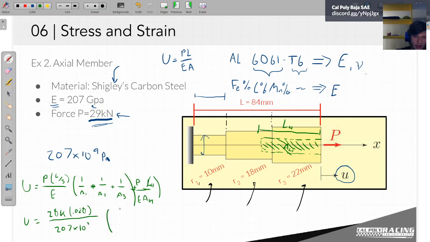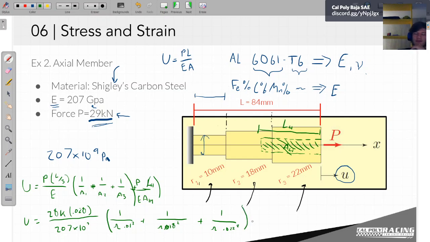Multiply that by 1 over pi times 0.01 squared plus 1 over pi times 0.18 squared plus 1 over pi times 0.018 squared. This is times 0.022 squared because we're in millimeters here.